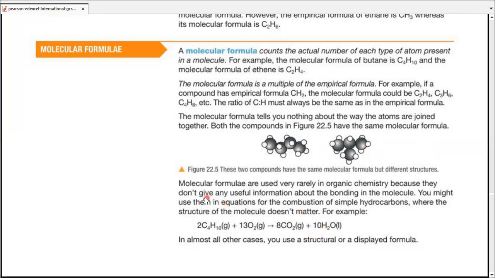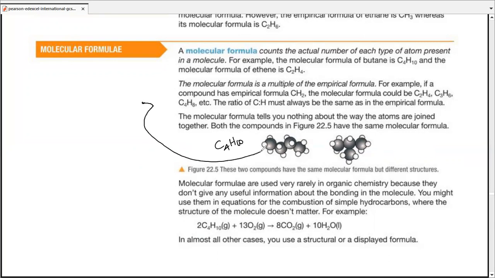But continuing for now, molecular formulae are used very rarely in organic chemistry because they don't give any useful information about the bonding in the molecule. Instead, most of the time we're going to come up with structural or displayed formula, in which we depict the structure in order to give you a good idea how the bonding goes. Let me explain. Molecular formula for both of these compounds is C4H10.